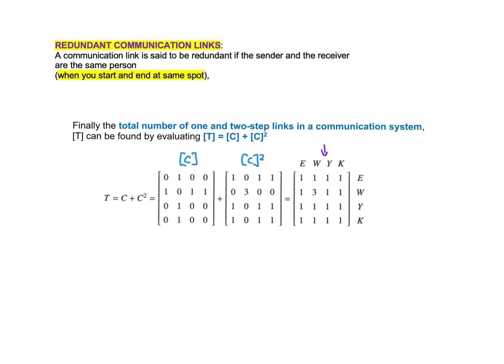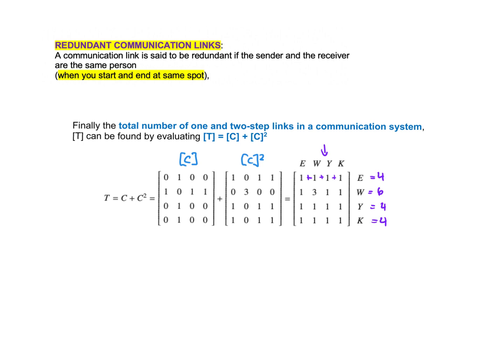Then we often tally up this final one, and we would say, all right, E had 4 of those 1 and 2 steps. Including the redundant links? Yeah, include the redundant links. Then these ones we would say, 6, this one's 4, and this one's 4. And we could see that Wong had the highest, so Wong is the best.